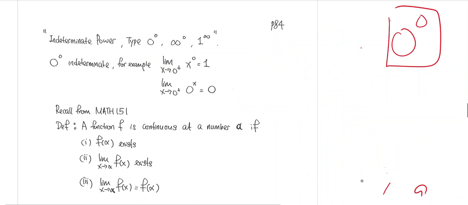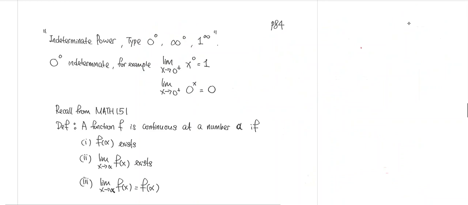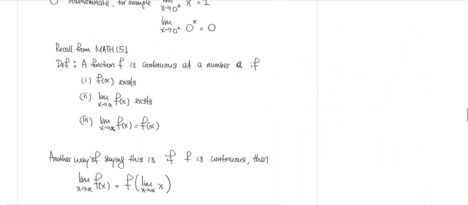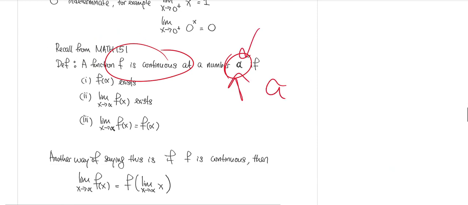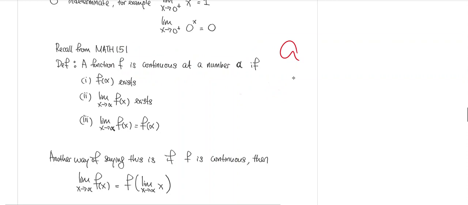This is a little bit more involved, so a little bit of review. If you remember from Calc 1, this is how your professor mentions the concept of continuity. Your book uses a, but if you write a here, it's confusing, so I'm just going to use alpha.